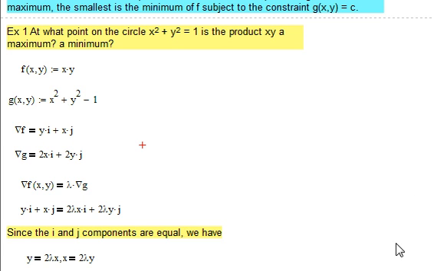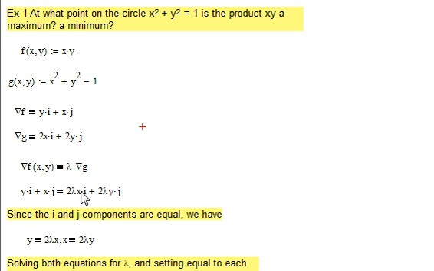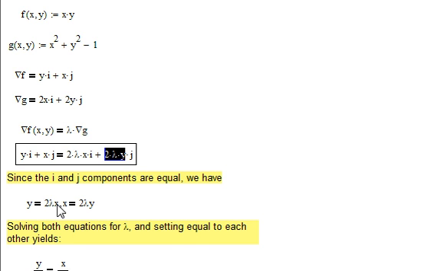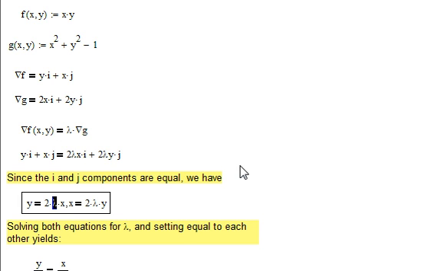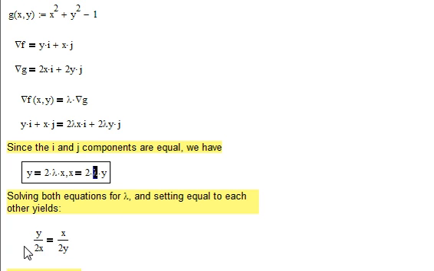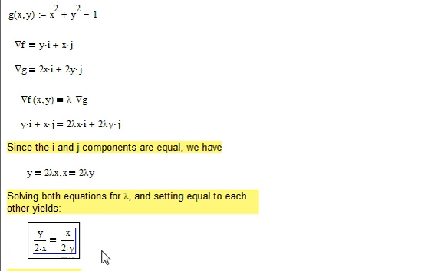Since the i and j components are equal, that means that 2 lambda x has to be equal to y, and x has to be equal to 2 lambda y. Solving for lambda, we get lambda equals y over 2x, and lambda equals x over 2y. And so y over 2x equals x over 2y, since the lambdas are equal to each other.